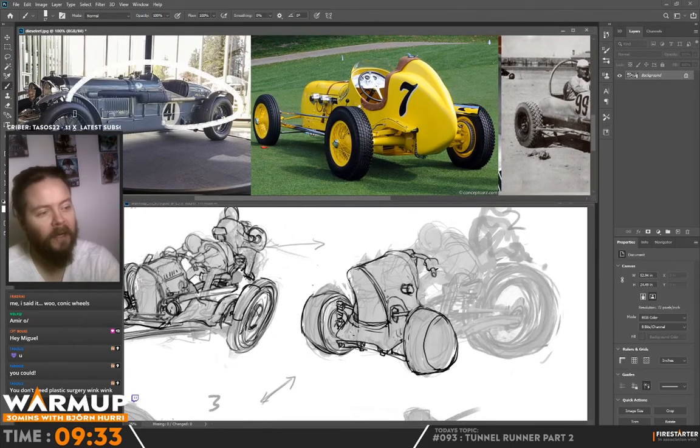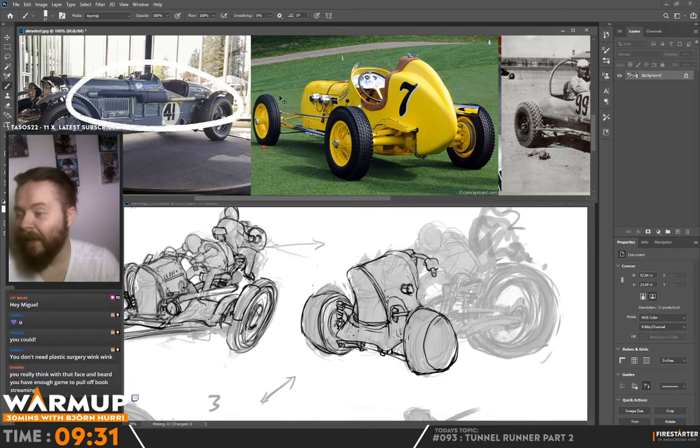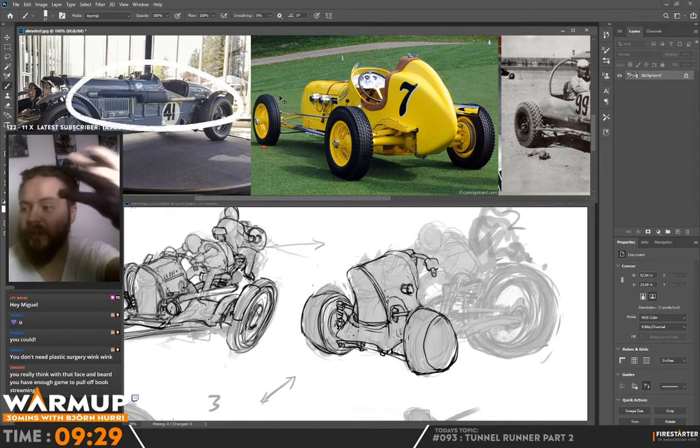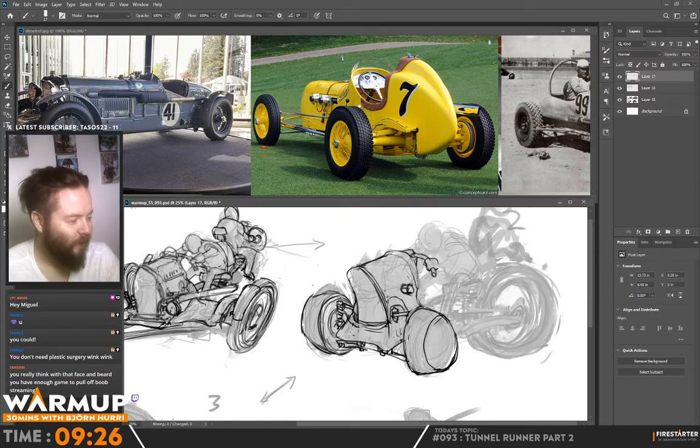And another thing I love in this reference is the kind of inserted exhaust pipe. It's such a cool idea.